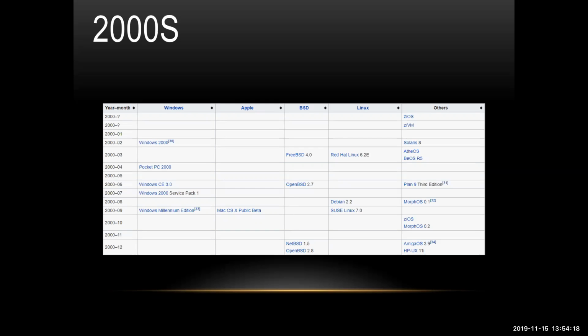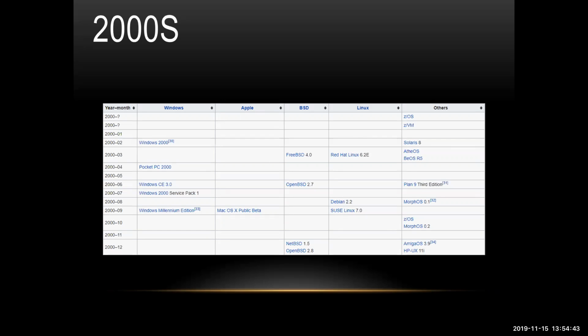And then July of 2000, we had Windows 2000 Service Pack 1. And then August 2000, we had Debian 2.2, MorphOS 0.1. And then September, we had Windows Millennium Edition, or Windows ME.